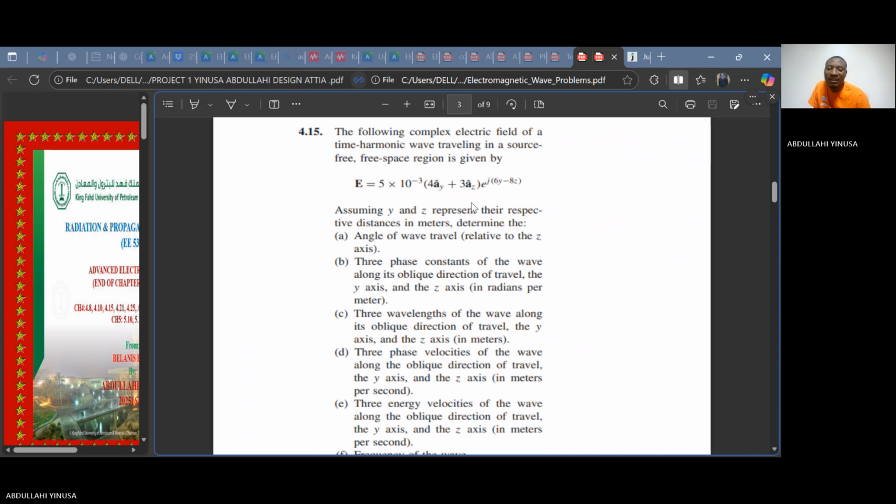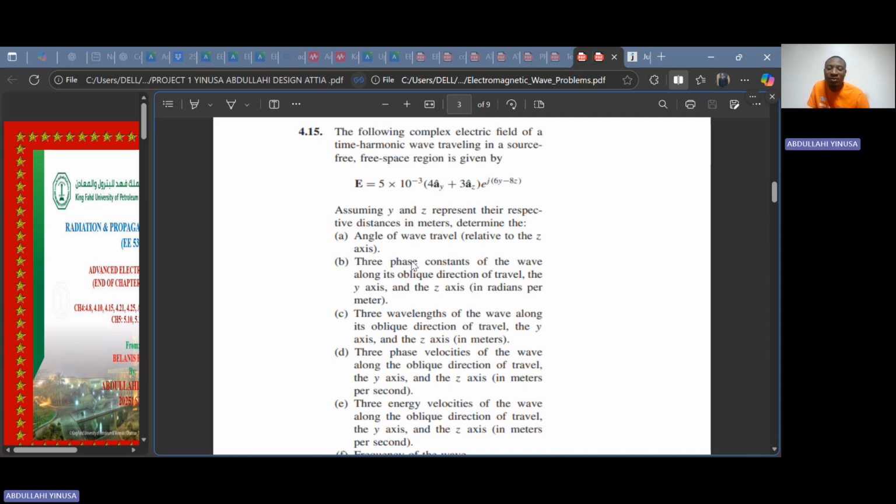Our propagation in the z axis is going to be 8 over 10, which is 0.8. So when you take the inverse cosine of it, that's going to be the angle of wave travel. Any question from here? In the z direction, in the z axis.